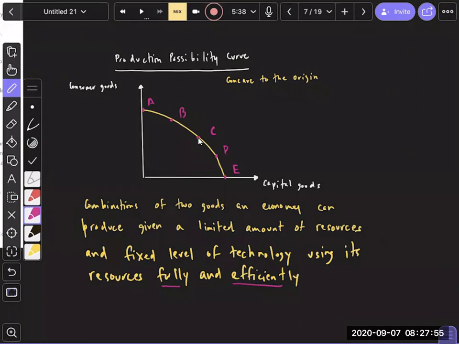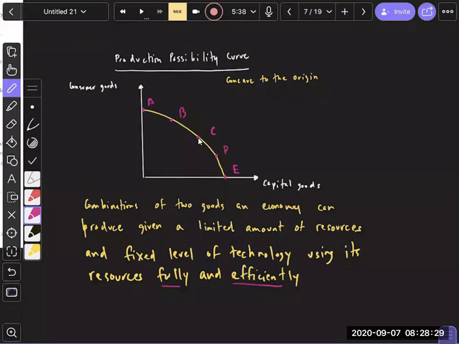So when capital goods become more productive, that means technology is improving. For us, technology is something that can help us produce more from the same resources, and that's why we call technology simply the productivity of capital goods.